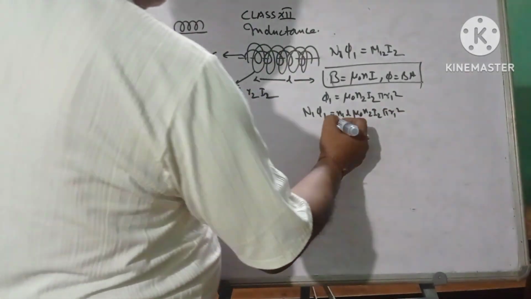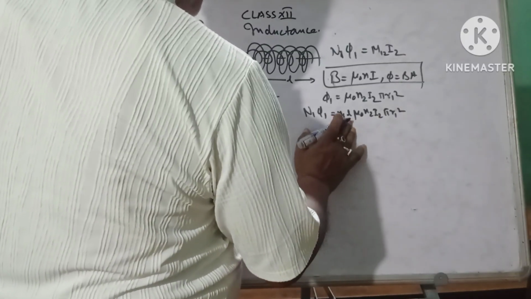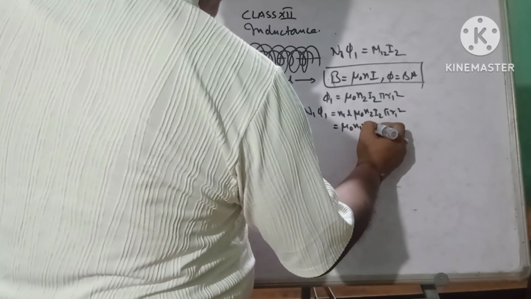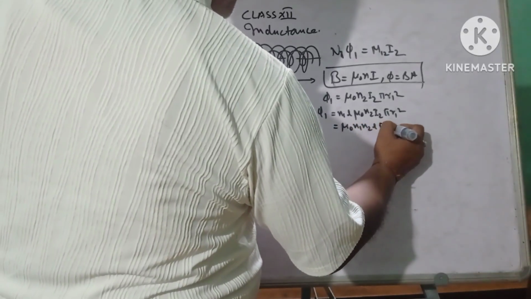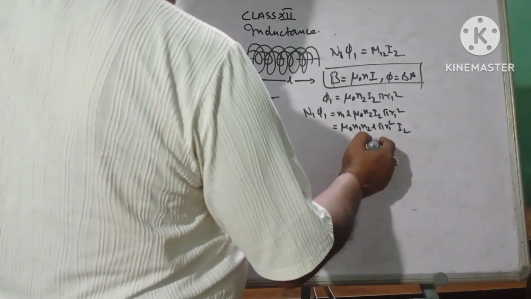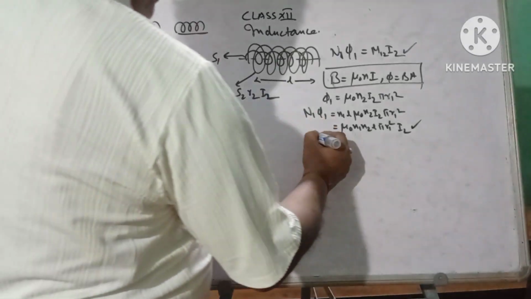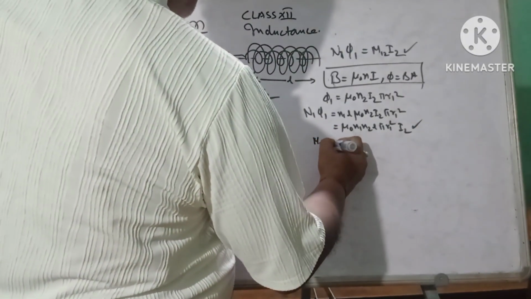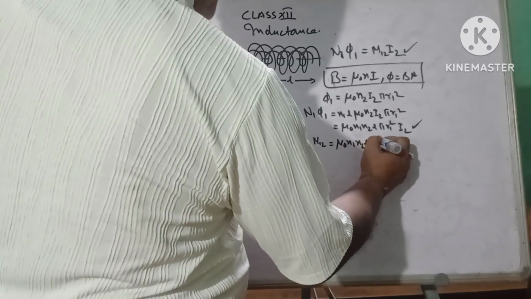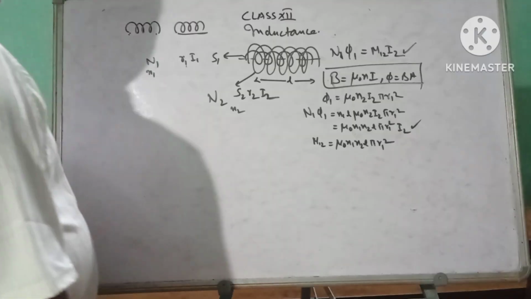So this becomes, let me write the constant first, mu0 N1 N2 L pi R1 square I2. Now if you compare these two equations, M12 will be equal to mu0 N1 N2 L pi R1 square. Now we are considering the second case.